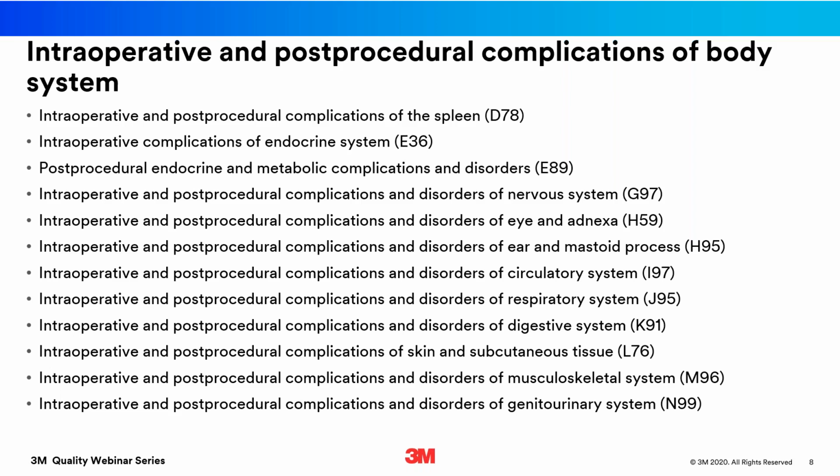So there are a lot of different categories of codes within each body system. The title is mainly going to be intraoperative and postoperative complications. The code you see on the end is the category code where it is located. For example, I97 is where all your intraoperative and postoperative complications of the circulatory system are located.